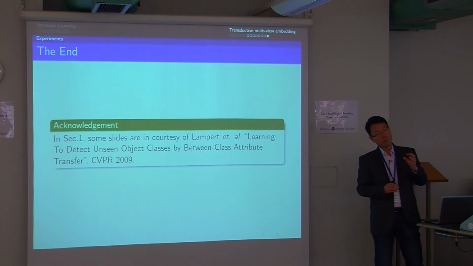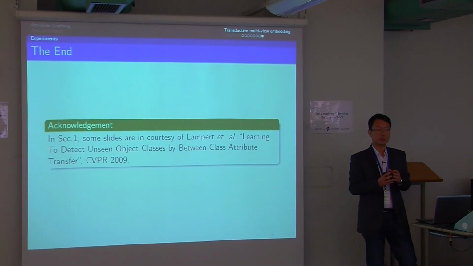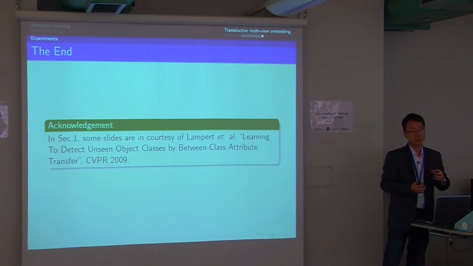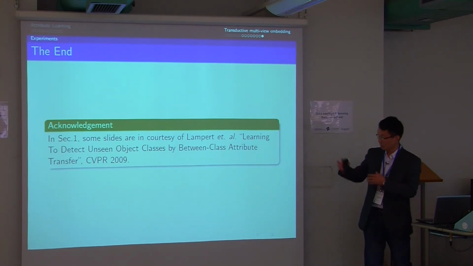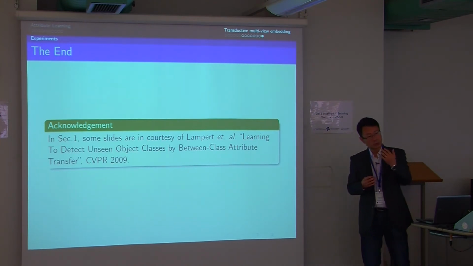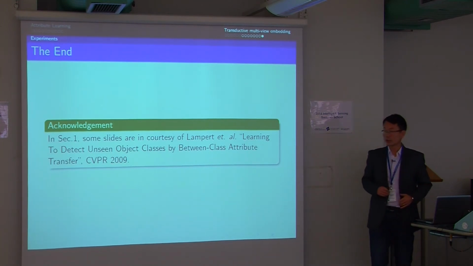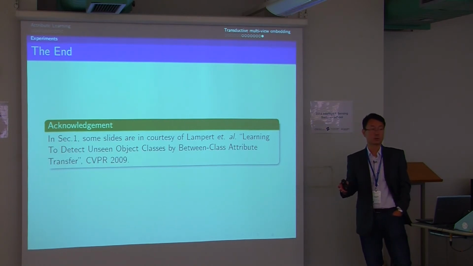And now people are interested in how we transfer the knowledge we have learned from some small number of classes where we have plenty of data to some new classes where we do not have any data. The work I present today basically shows some initial achievement in this area, but there's still a long way to go, right?